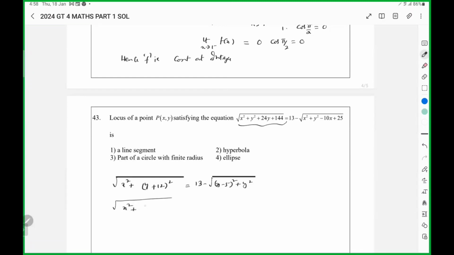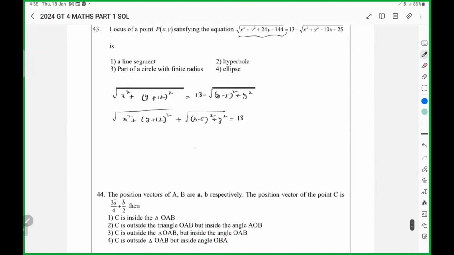What it indicates, there is a point 0 comma minus 12.